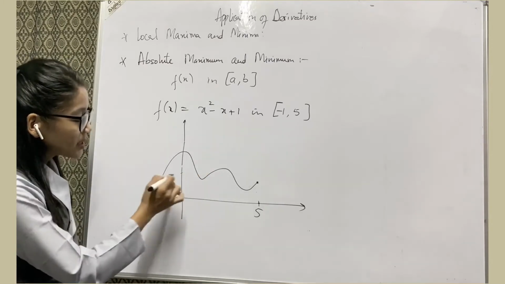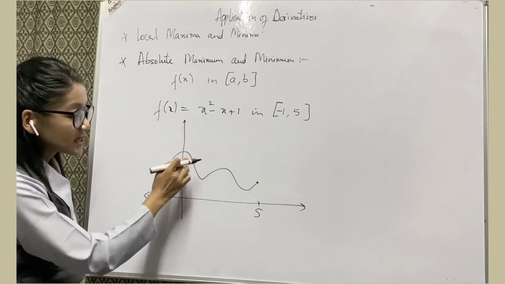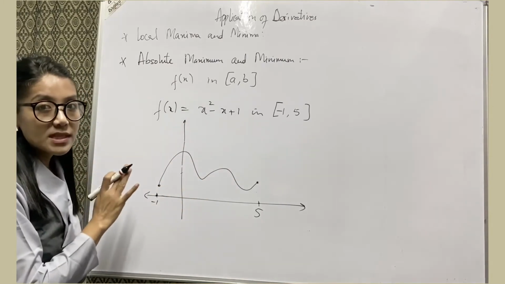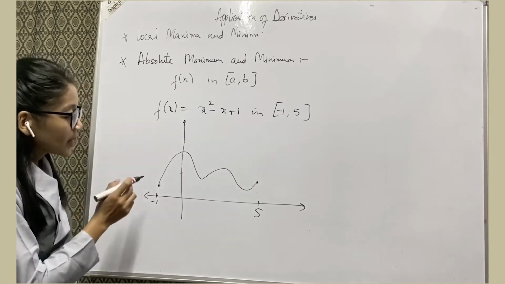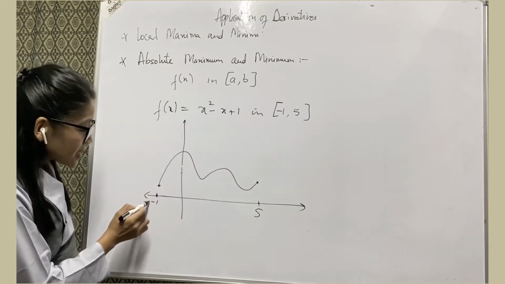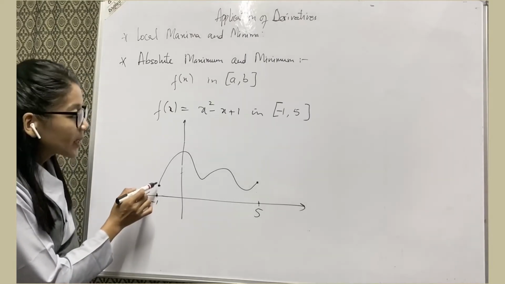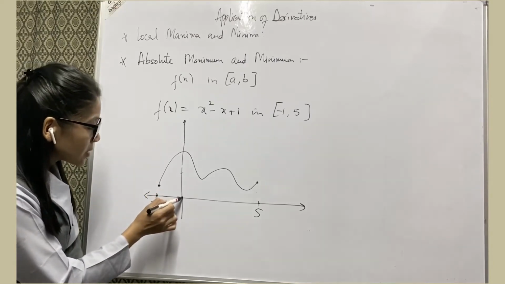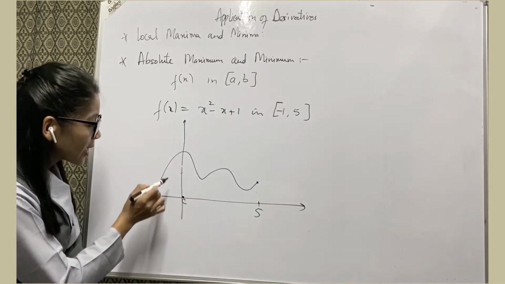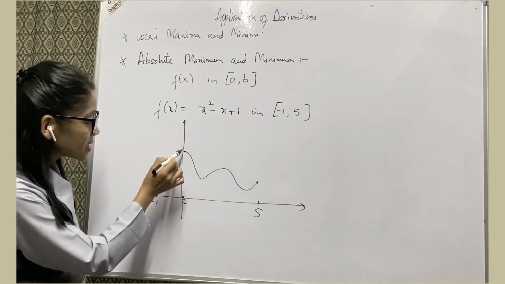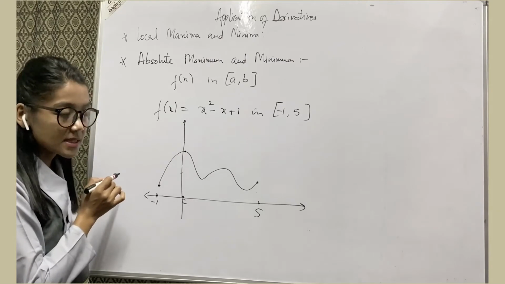Suppose the graph of this function is like this. Then you can see at negative 1 the function is attaining its minimum value, and at this point, let it be c, the function is attaining its maximum value.